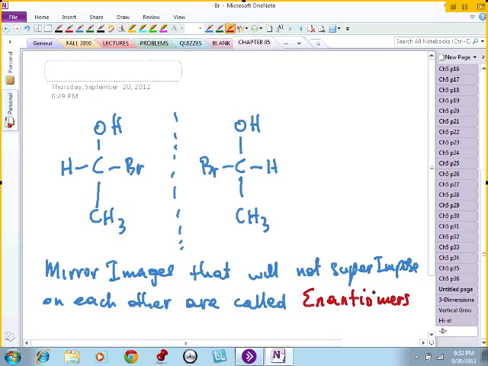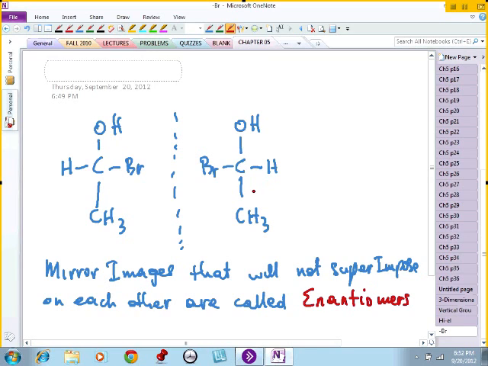If you don't have a model, how can you tell that they don't superimpose? Is it because there are four different groups? Good question. This is what you do. That's why I told you to pay attention to the Fischer projection.